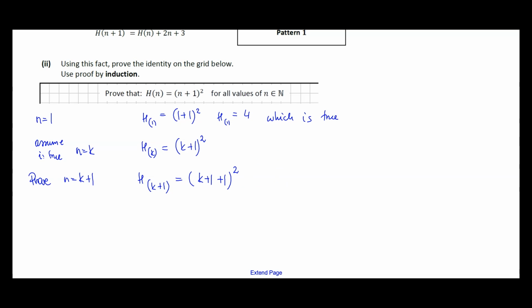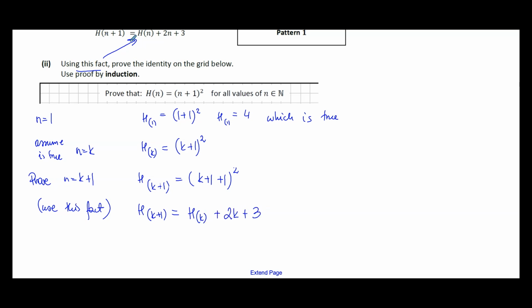So that's my third step. In the next part, because here they were saying use this fact. What is that fact? Instead of n, we have k plus 1, and that equals h of k plus 1 plus 2k plus 3.